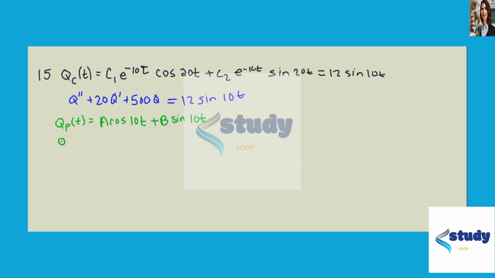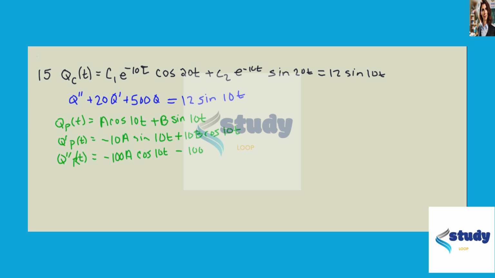and then my Q prime would equal negative 10A sine 10t plus 10B cosine 10t, that's the chain rule, and then my Q double prime would equal negative 100A cosine 10t minus 100B sine 10t.